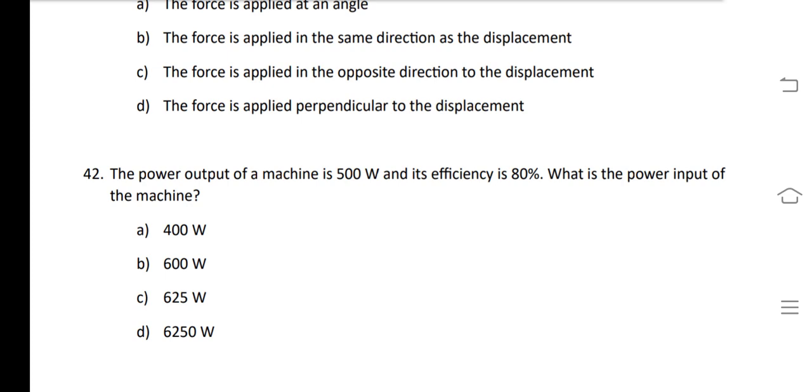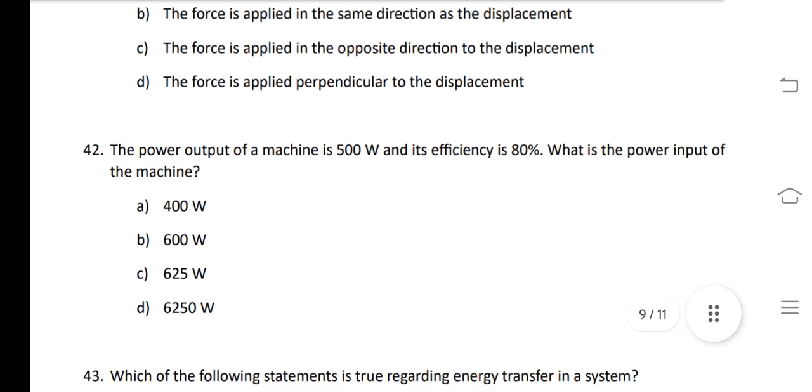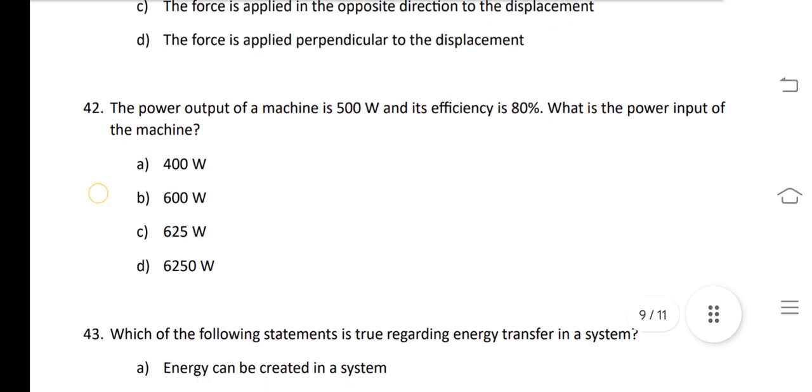So the formula for input will be output power divided by efficiency. So we have to multiply 500 by 100, that is 500 multiplied by 100 divided by 80. We have to calculate the answer.